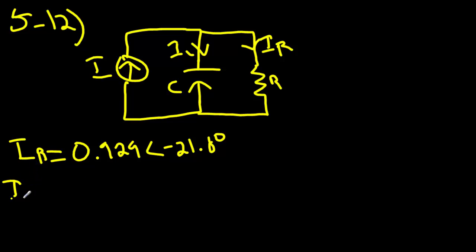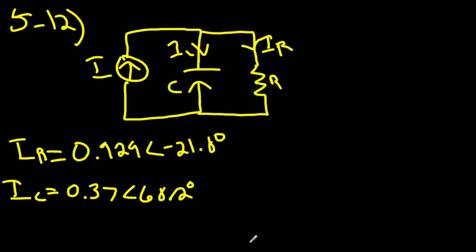And then we have I_C, which equals 0.37 at an angle of 68.2 degrees. And then, similar to what we did before, it wants us to write them in rectangular form.